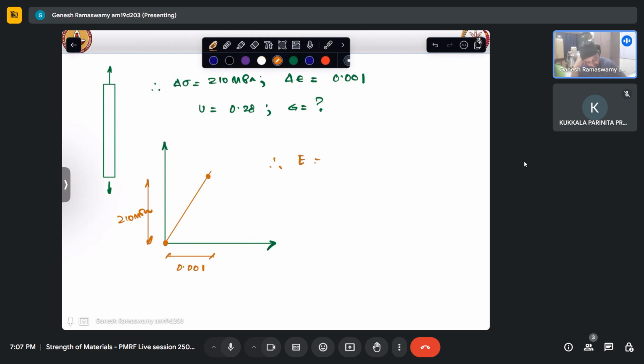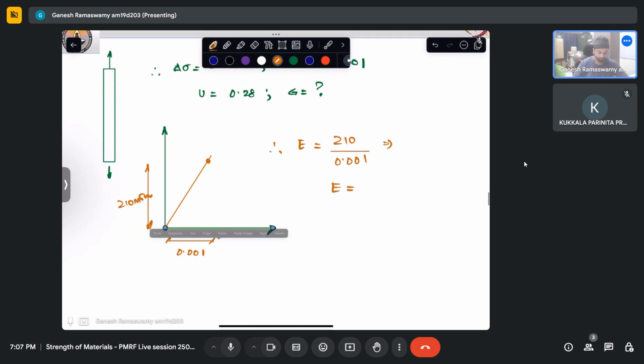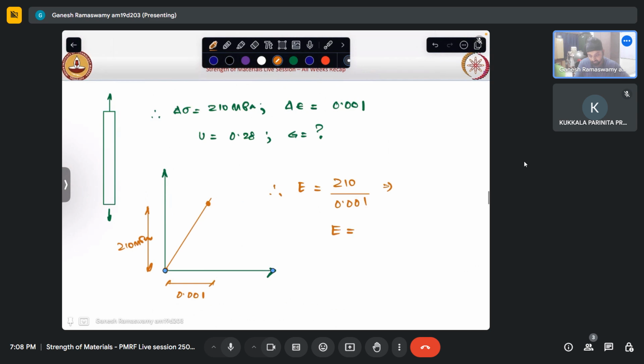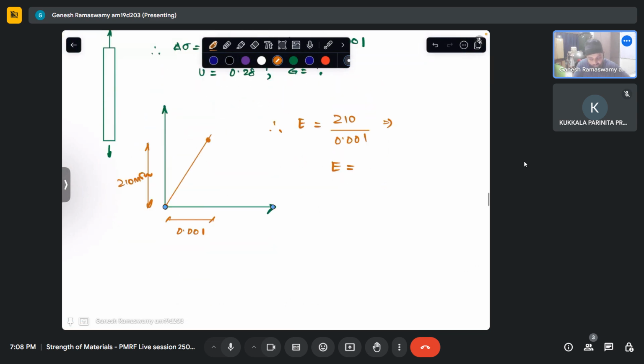So E is given to be 210 divided by 0.001, which is 210 GPa. So from here we can see that the material is actually resembling steel.